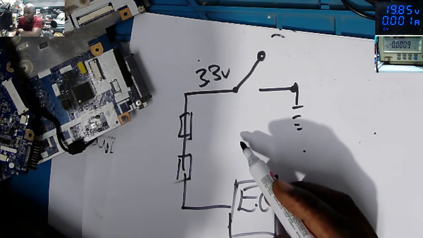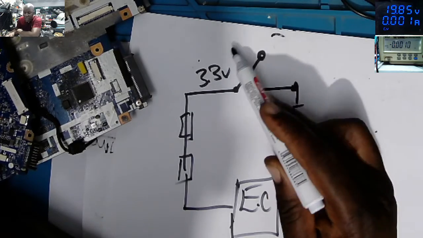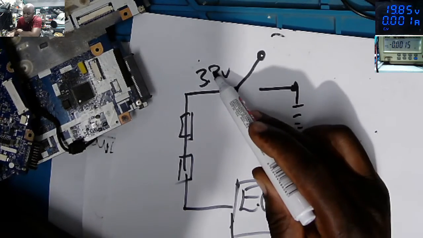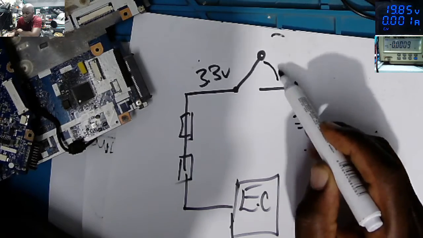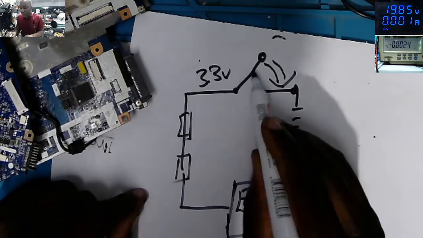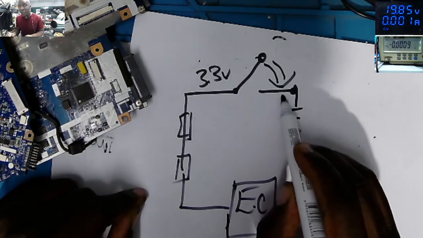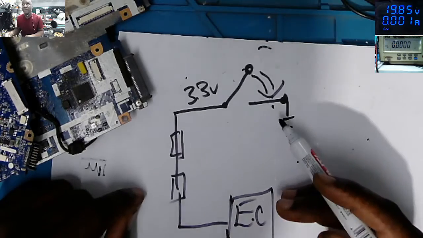So the condition for the laptop to start, this 3.3 has to be shorted to ground. If you press the power, this 3.3 is moving to ground, and on release it goes back.